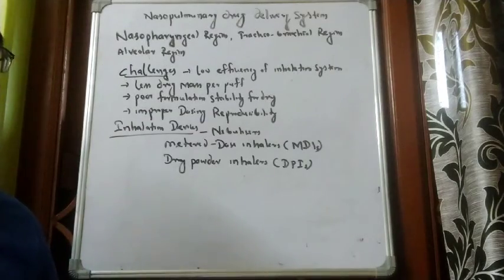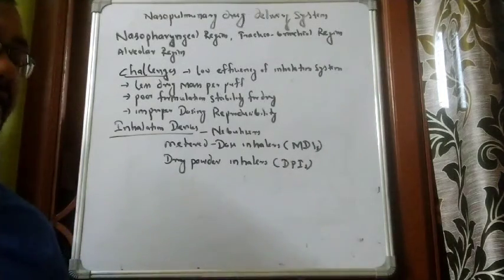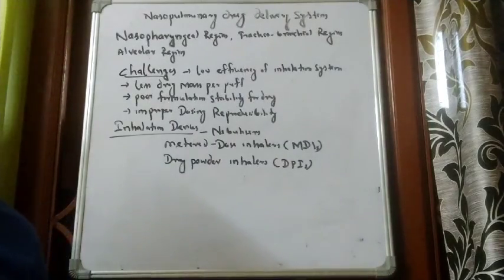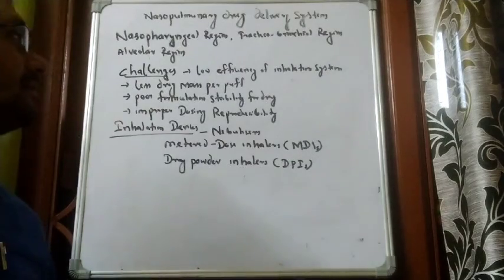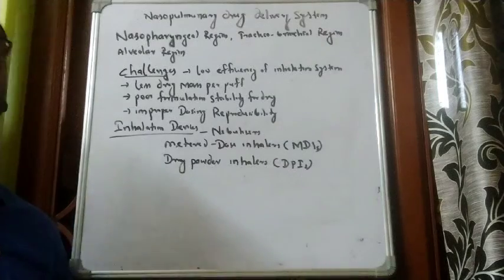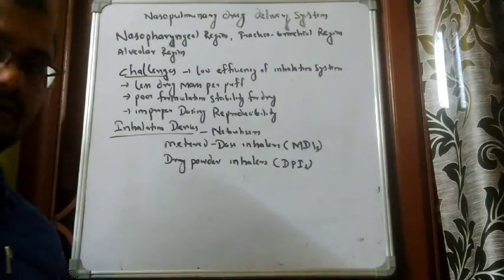It is also very safe for patients suffering from diabetes and asthma, because these patients require long term treatment. And it will also prevent first pass metabolism, which is generally seen in oral drug delivery systems.